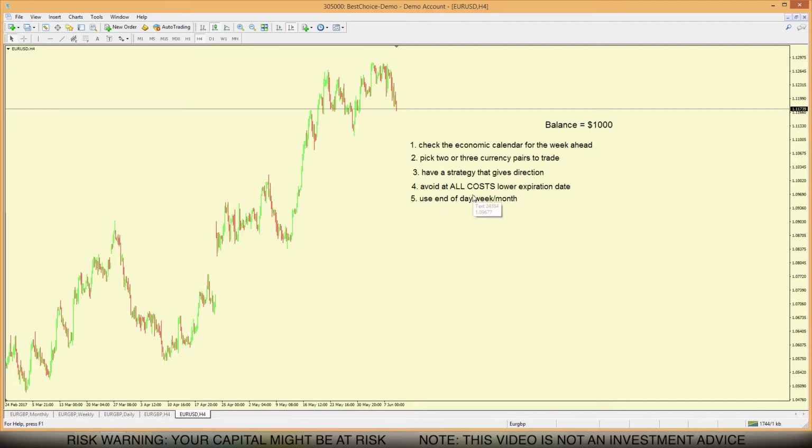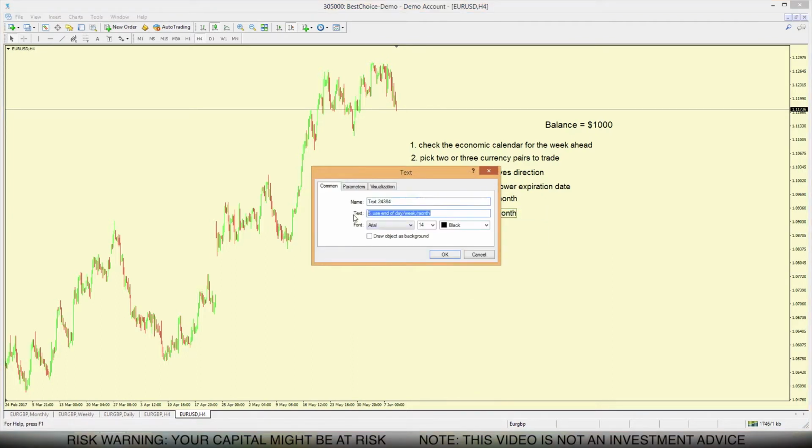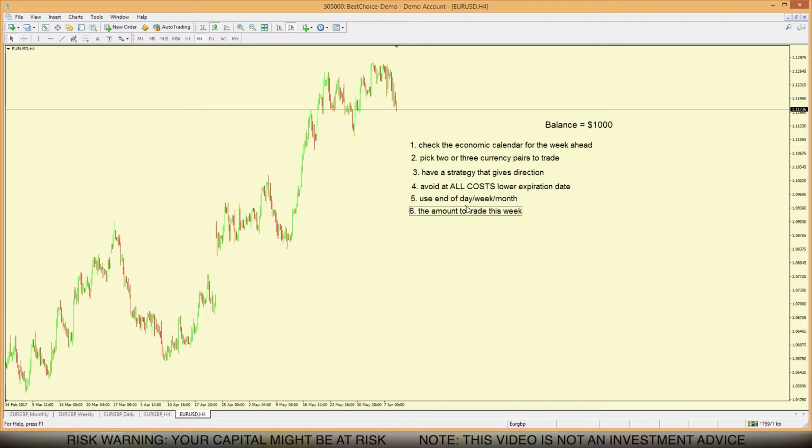And the next thing to do, number six, is to decide the amount to trade this week. Now, of course, if you have a $1,000 account, you won't want to trade the whole amount that week. That would be stupid.